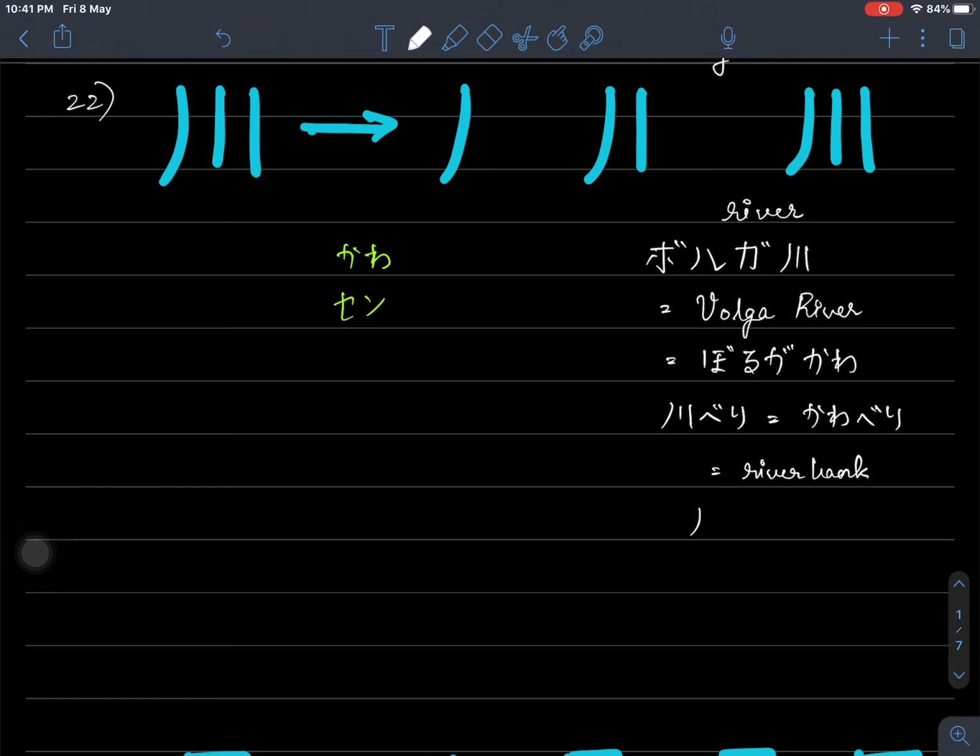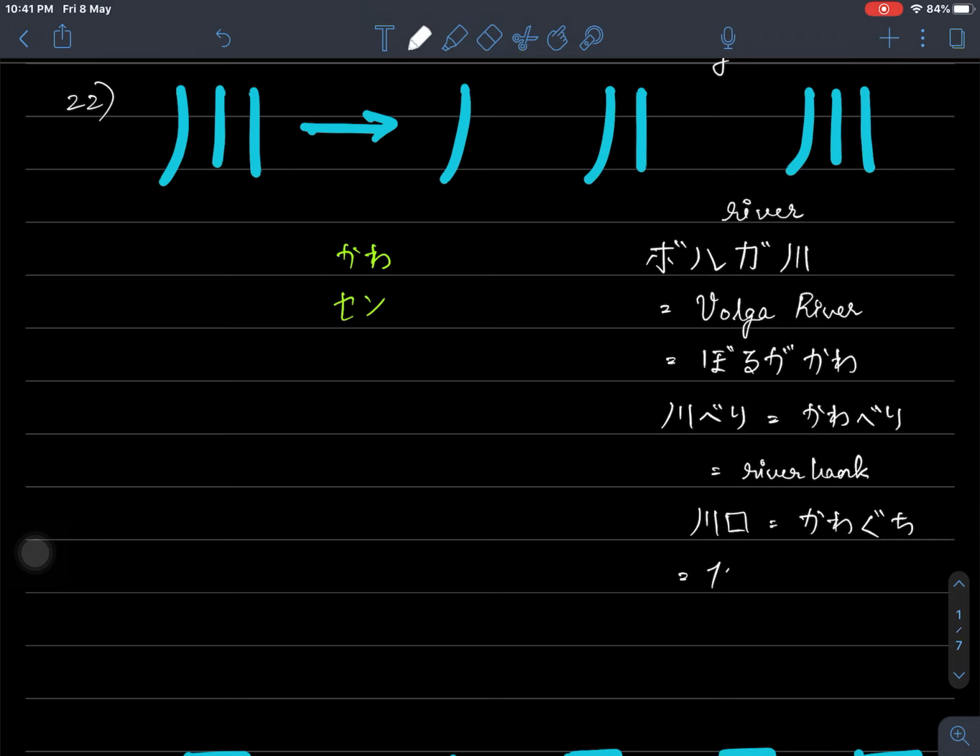Now let's have a look at some combinations of kanji. Now here you will again use the kun readings and not the on readings. So this will be read as Kawaguchi.